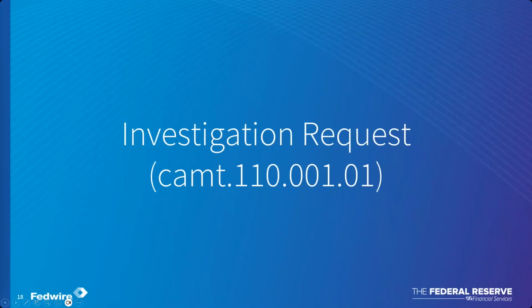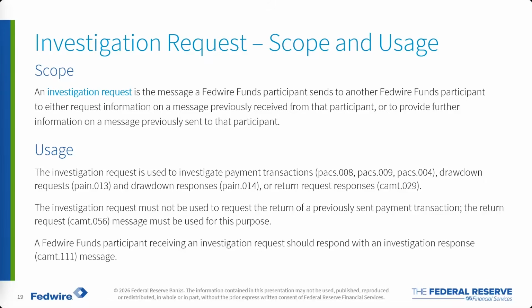Okay, let's start with the investigation request, or the CAMT 110 message. Without going into too much detail, this message is sent to request information on a previously received message or to provide further information on a previously sent message between Fedwire Funds Service participants. You can request information on value and non-value messages previously exchanged between participants.